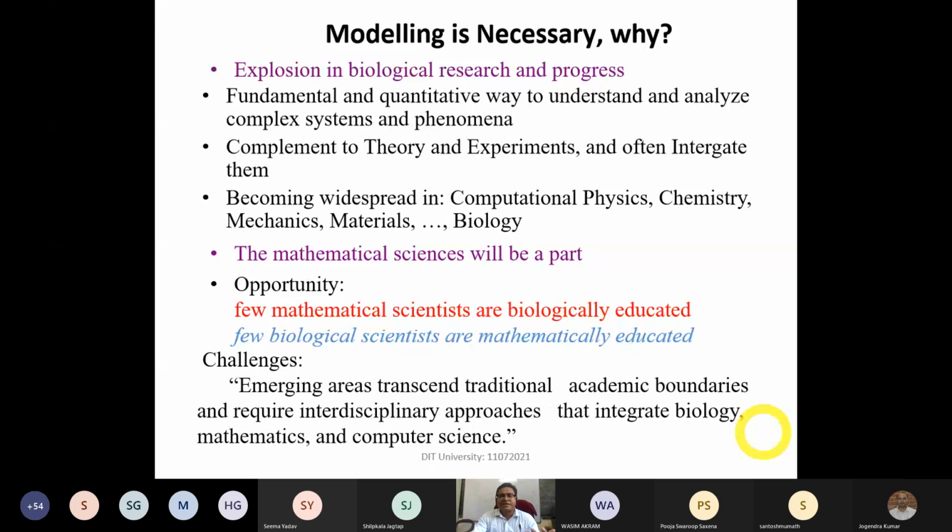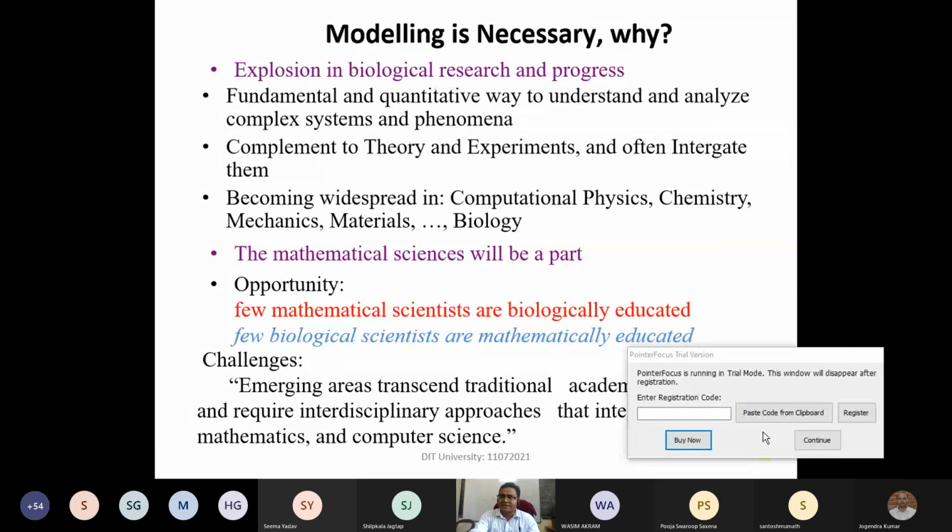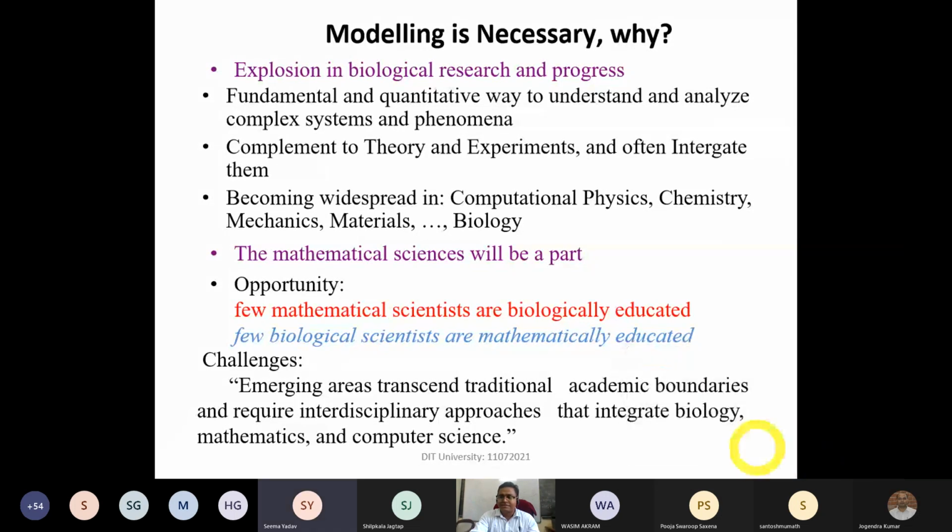It is becoming widespread in computational physics, chemistry, mechanics, materials, biology, and mathematical sciences. People always use the quotation that few mathematical scientists are biologically educated, but few biological scientists are mathematically educated. If both work together, that will be a good problem solving challenge or opportunity.